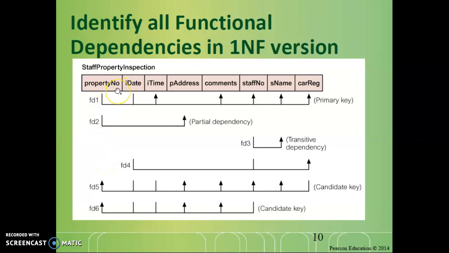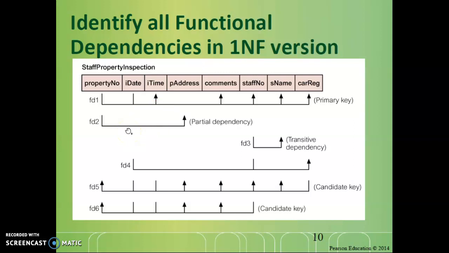This is one set. Second is staff number, I date, I time. And the third one is car registration, I date, I time. So these are the 3 candidate keys we can identify from this table.